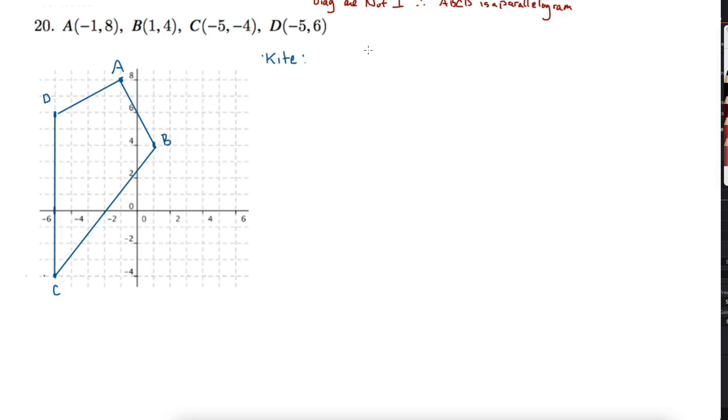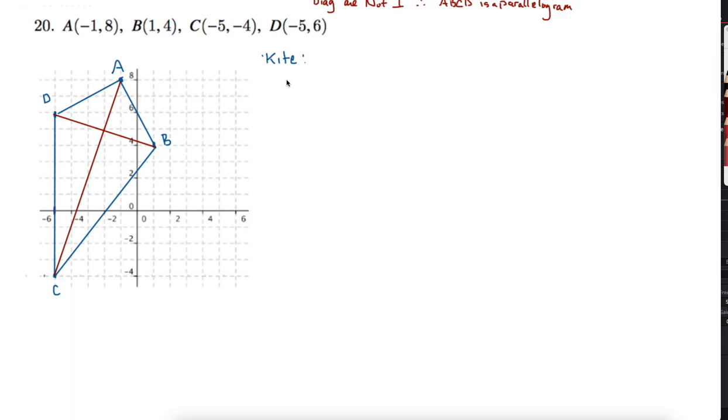So we could use the distance formula for this. If we wanted to do something maybe easier, we could analyze the diagonals. The diagonals of a kite are perpendicular and only one set bisects. So let's do that, I guess.